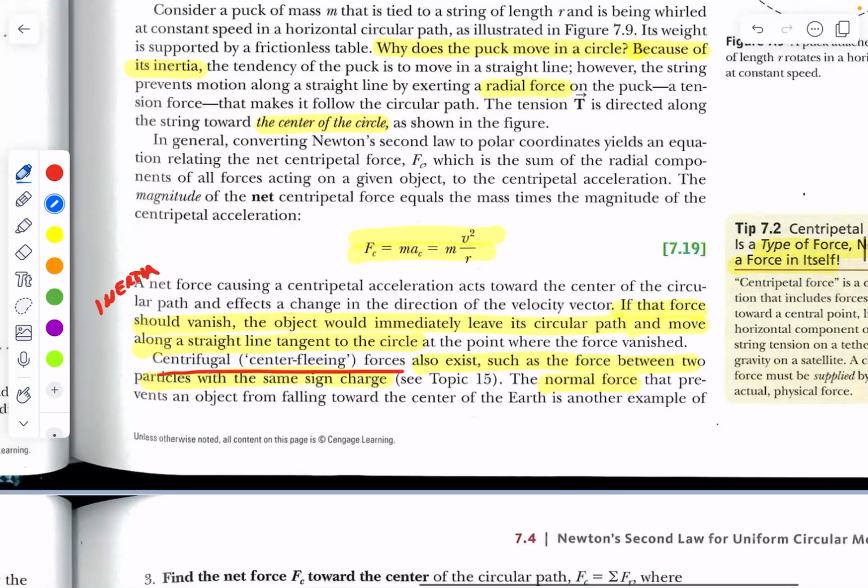So, as I did earlier, when I had the centripetal acceleration equals v squared over r, and I multiplied both sides by m, I get this equation right here. Pretty important equation as far as centripetal force is concerned. You would be given it on a test.